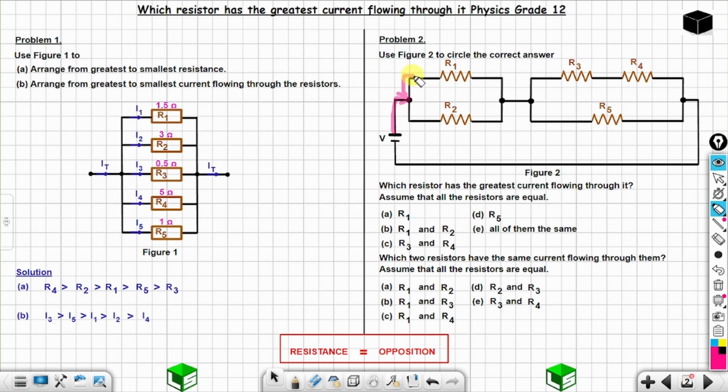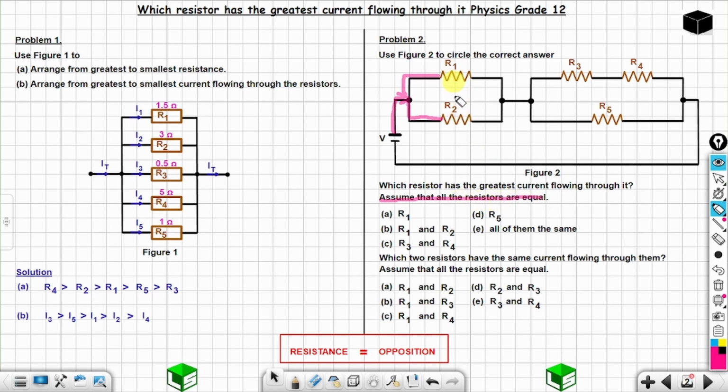Part of the current will flow on this branch, another part on this branch. You are told to assume that all the resistors are equal.